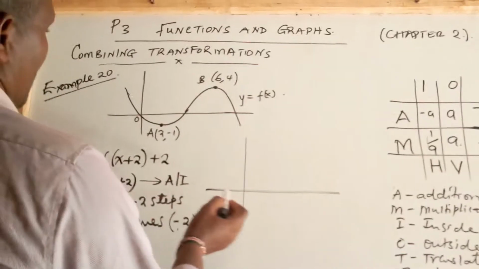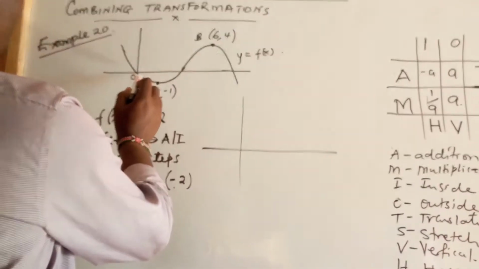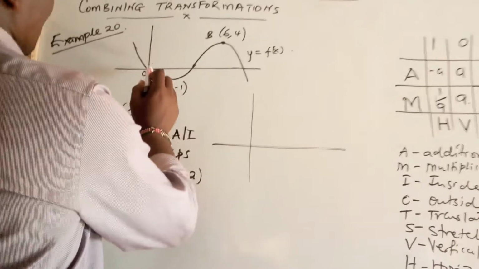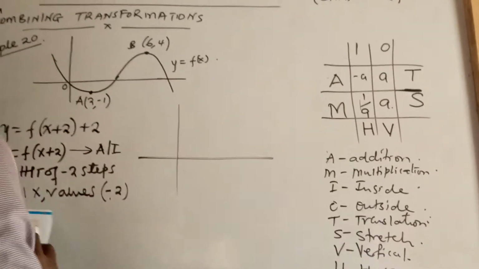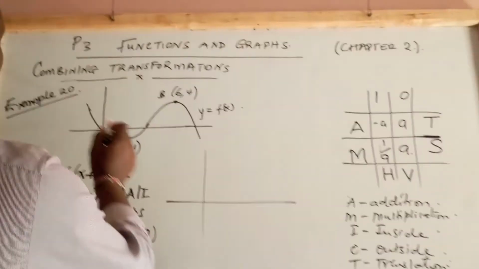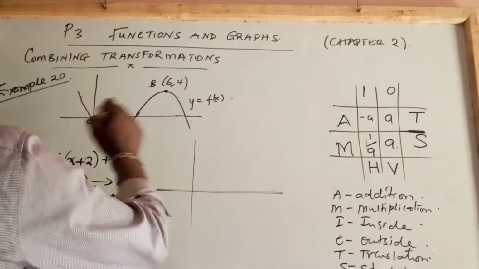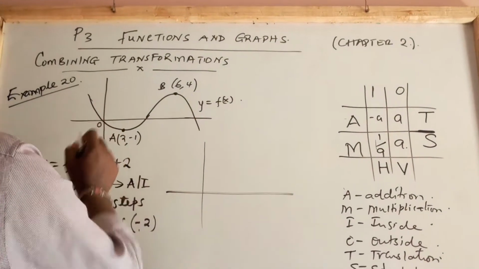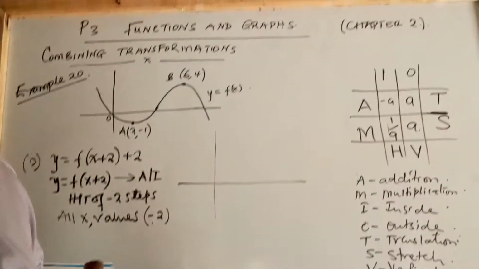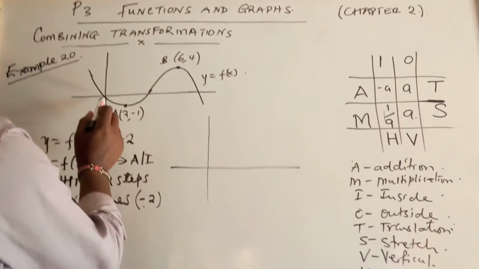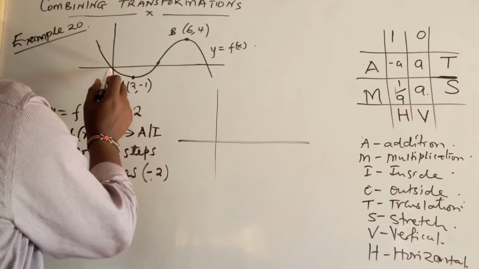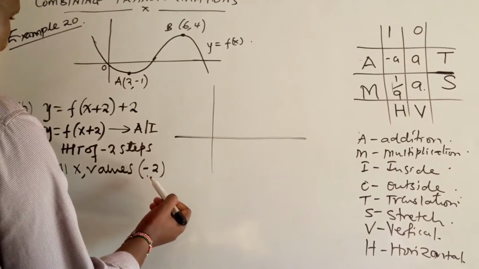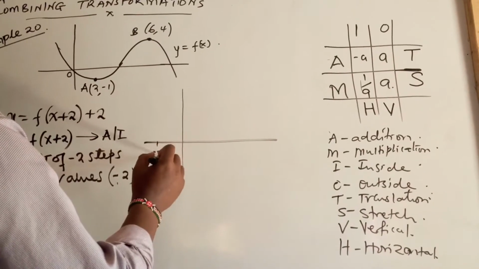First of all, the graph cuts the Cartesian plane at the origin, or it passes through the origin. It will now not pass through the origin, because at the origin the value of x is 0. 0 minus 2 is minus 2.